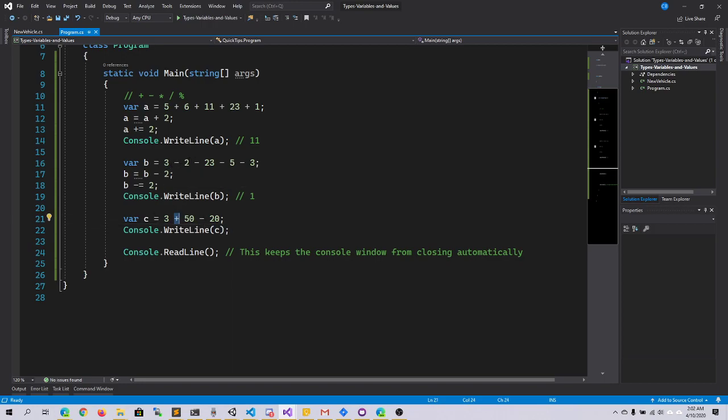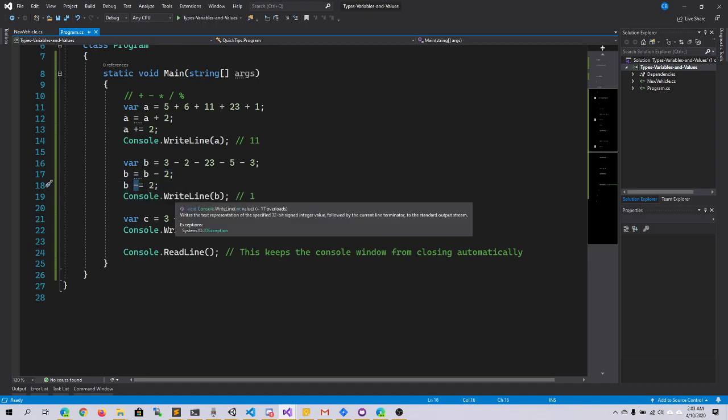You're not restricted to doing just all subtraction or all positive. The only case where that would be is if you were going to do the shorthand way here. I could combine the different operators if I was writing the longhand way of reassigning to a variable, but for the shorthand way, you're restricted to whatever you've put here in front of the assignment sign.